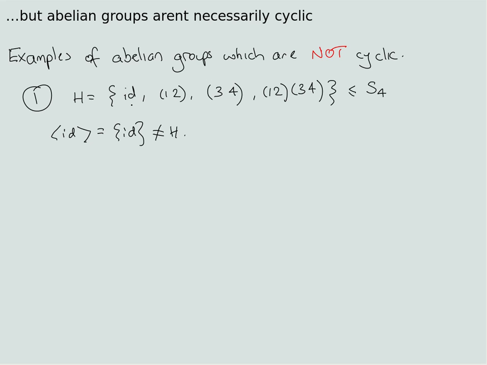Let's look at some more cyclic subgroups generated by elements of H. Let's look, for example, at the cyclic subgroup generated by (3 4). I could work out what the elements in here are, and it's easy to do, because if you look at the powers of (3 4): (3 4) to the 0 is the identity, (3 4) to the 1 is (3 4), (3 4) squared is the identity again, you can check that, (3 4) cubed is (3 4) again, and so on.